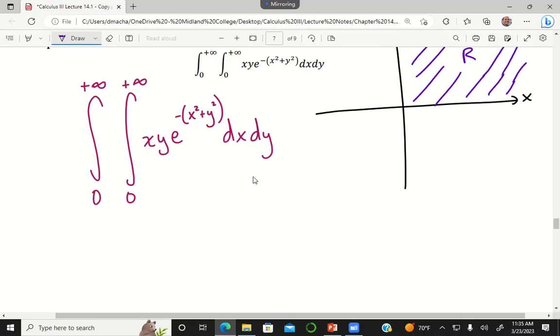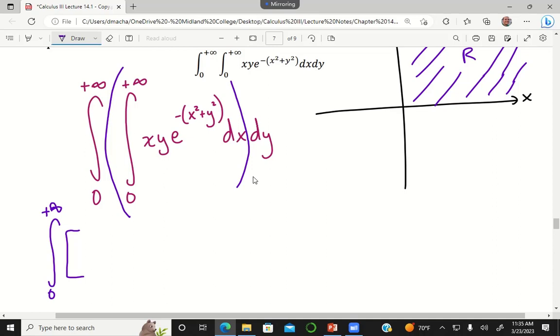But we're going to solve this one integral at a time, and we're going to solve it the same way we did improper integrals in Calculus 2. So this will be the integral from 0 to plus infinity of, and then I've got to take the antiderivative of that integrand with respect to x.